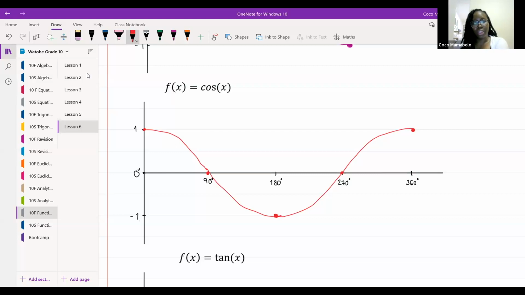So if they ever said to you, draw the graph of cos anything, you are going to use these points. Do you see how I'm just increasing by 90 every time? So if they ask you to sketch the graph of this function, you just put those points into your calculator and you're going to get an answer. Okay, ma'am. Thank you, ma'am.